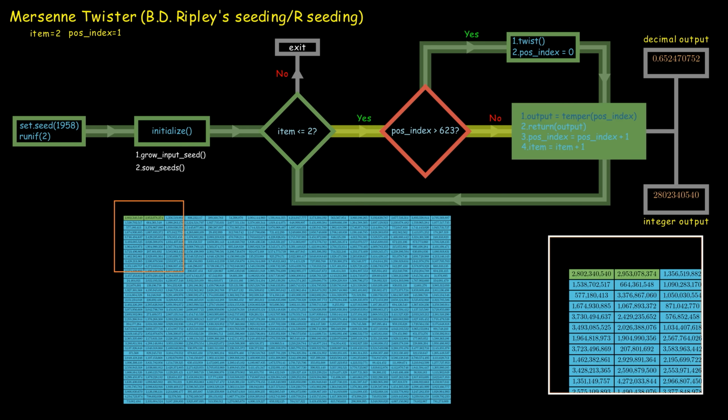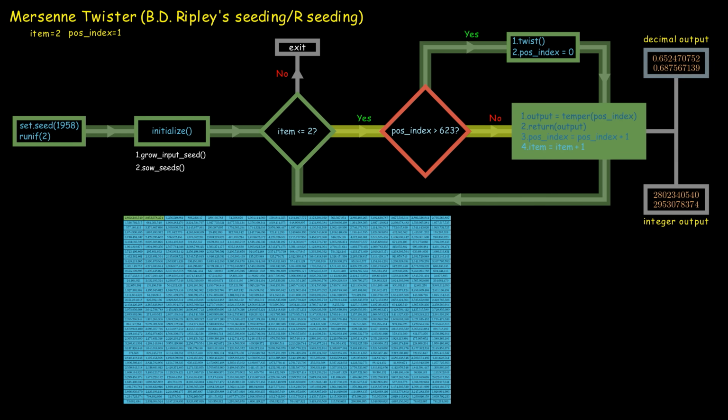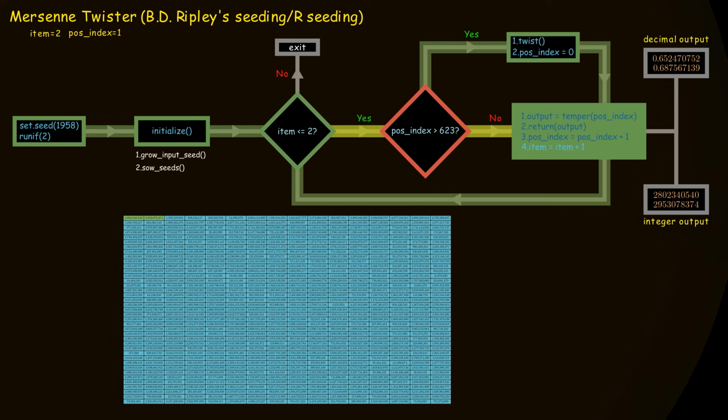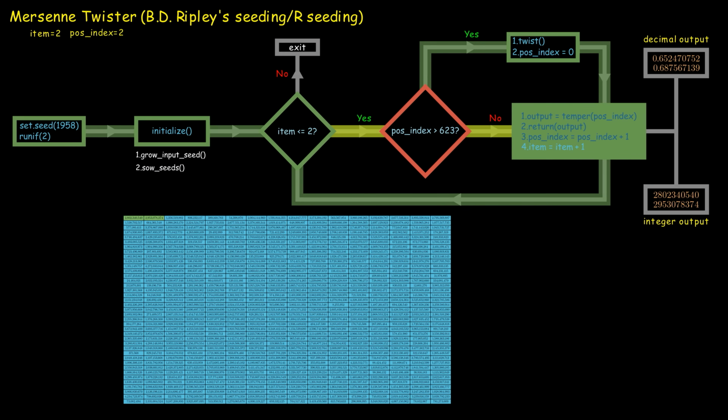And we are done tempering the second number. Therefore, we are ready to return the second integer output and a corresponding output in the unit interval. We then increment POS index by 1, increment item by 1, and are back on the road.